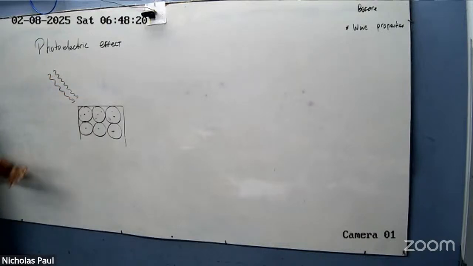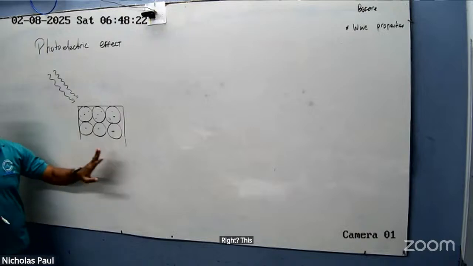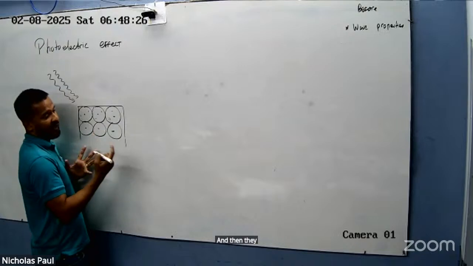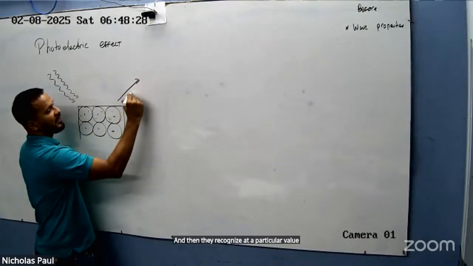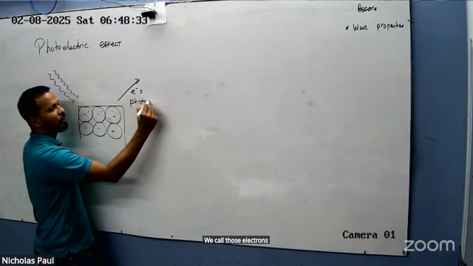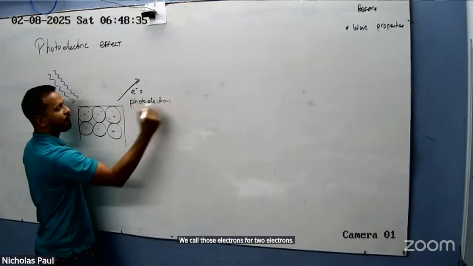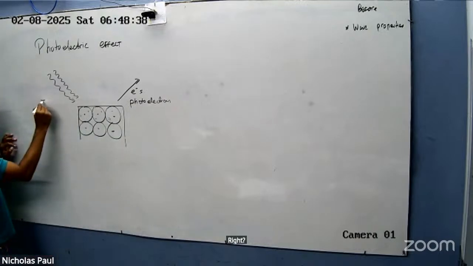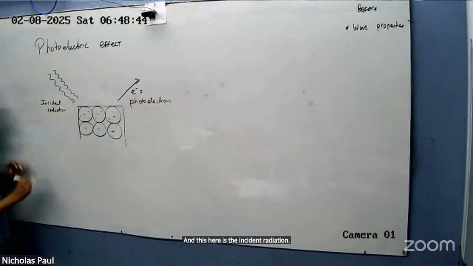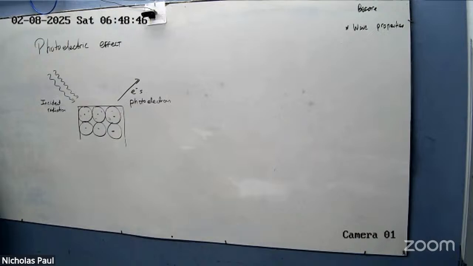This radiation hit the metal, and then they recognized that at a particular value, electrons left. We call those electrons photoelectrons. And this here is the incident radiation. So the photoelectric effect is basically radiation hitting a metal and electrons leaving.